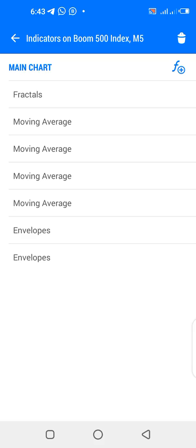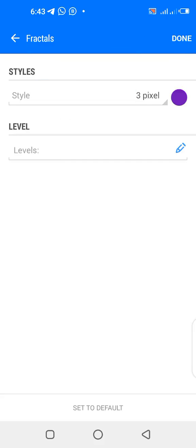Let's look at the indicator settings. We have fractals. I like to use fractals on my charts because fractals is a special indicator. It helps me to identify the point of price rejection on the chart. It also helps me to identify my resistance and support areas.